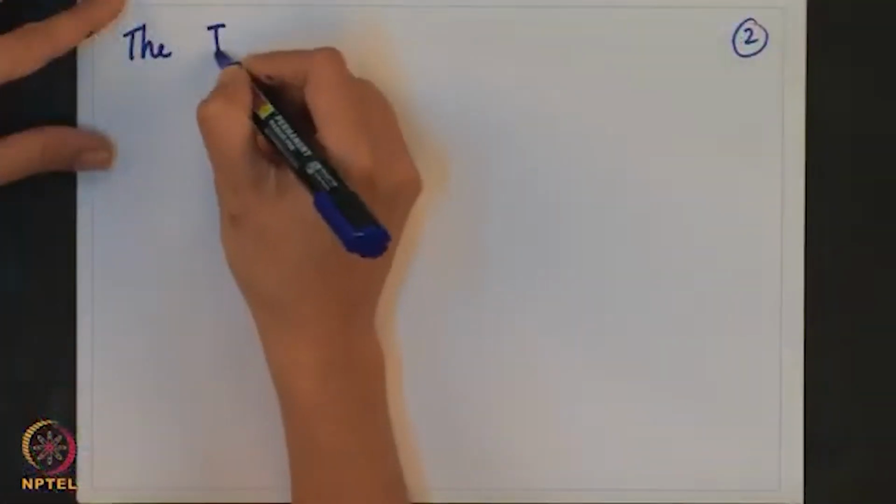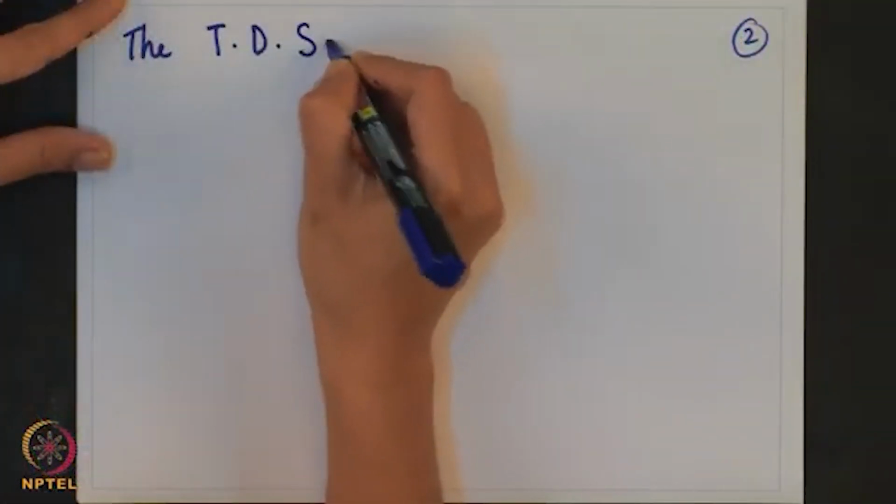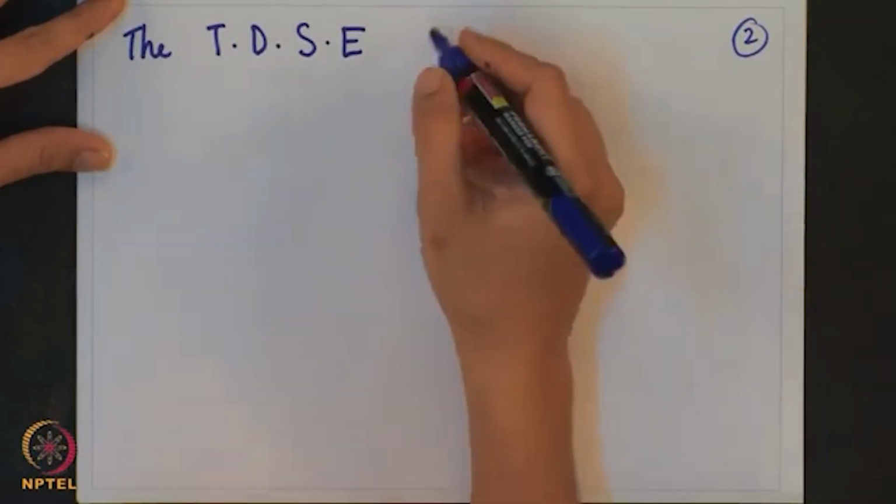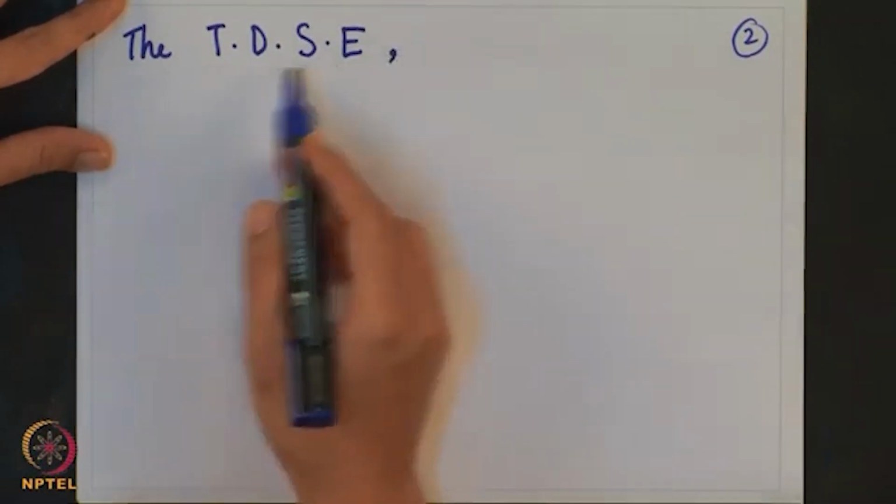So the next step would be we write the time dependent Schrodinger equation. I am using a short form here.